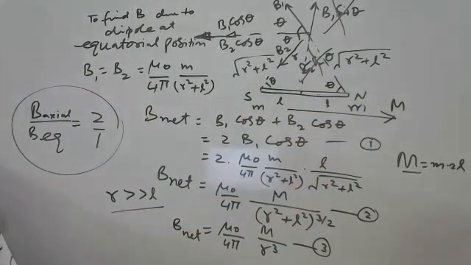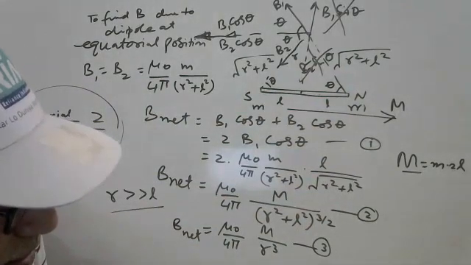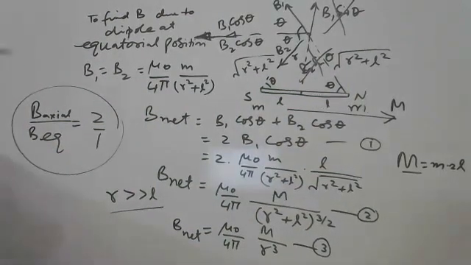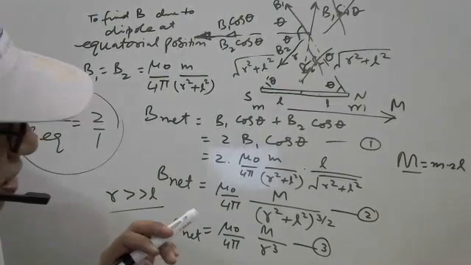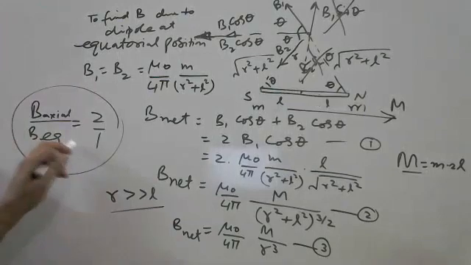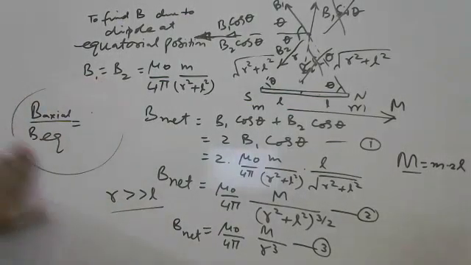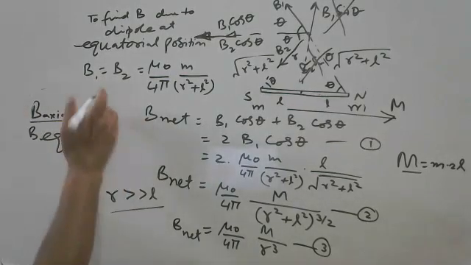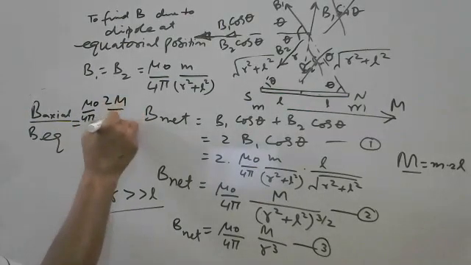Sir, B axial upon B equatorial. In which equation do you want? I am not able to listen to you clearly. On the left hand side, this one? Yes, sir. Okay. You tell me what was the formula. The formula here is mu naught upon 4 pi, 2m upon r cube.